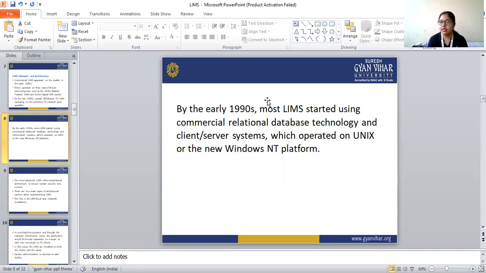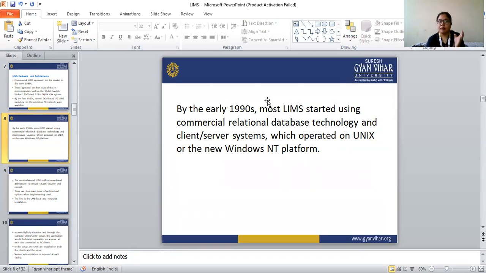So by the early 1990s, most of the LIMS started using commercial relational database technology and client server systems, which operated on Unix or the new Windows NT platform. To recap, LIMS appeared on the market in the early 1980s, and at that time they were operated with the help of mini computers.